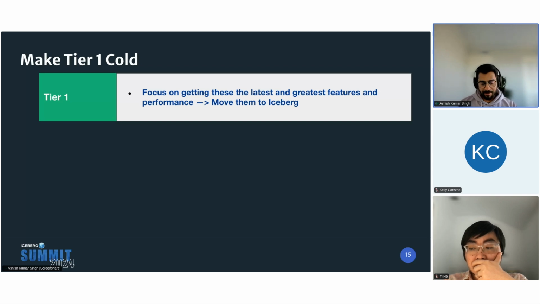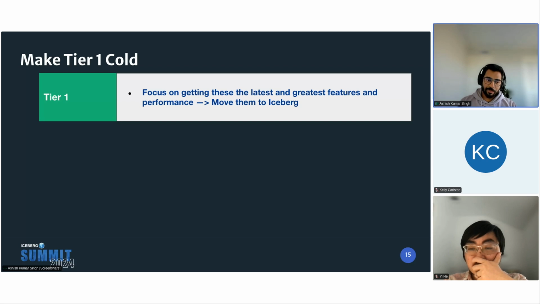At Pinterest, the way we are doing this is by moving these tier one tables to Iceberg so that they get the latest and greatest, and then we focus only on Iceberg and on tier one tables.